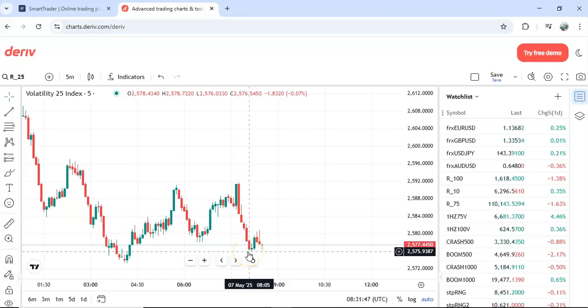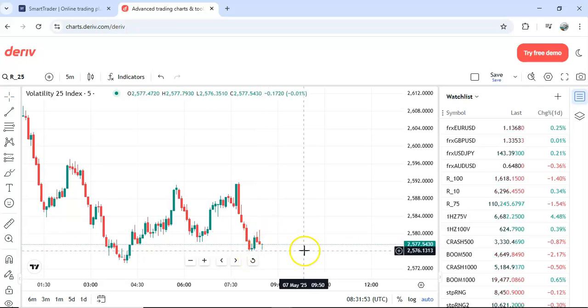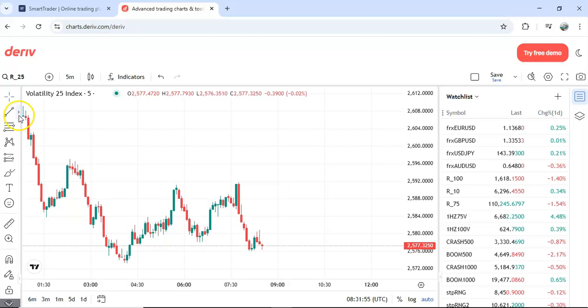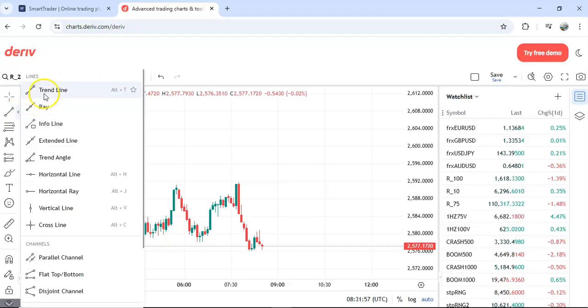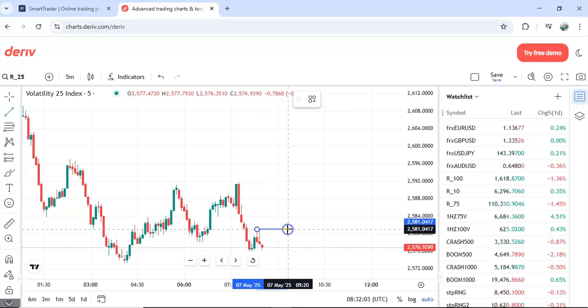So we need to go here to trading view. So we are going to look at the latest candle. So we're going to look at the latest lower high or lower low. So we can see here we have lower low, and also we have here lower high.